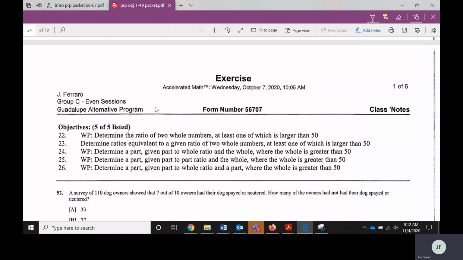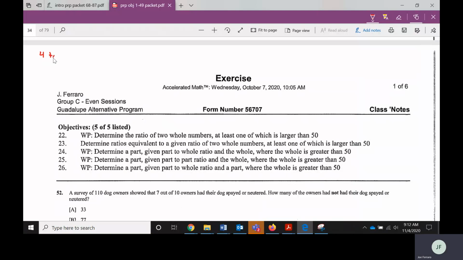So the first thing we're going to do is we have a couple objectives that deal with ratios first. And ratios are just comparing two values in some sort of way. I just want to look at some general notes on ratios, the different ways they can be written.